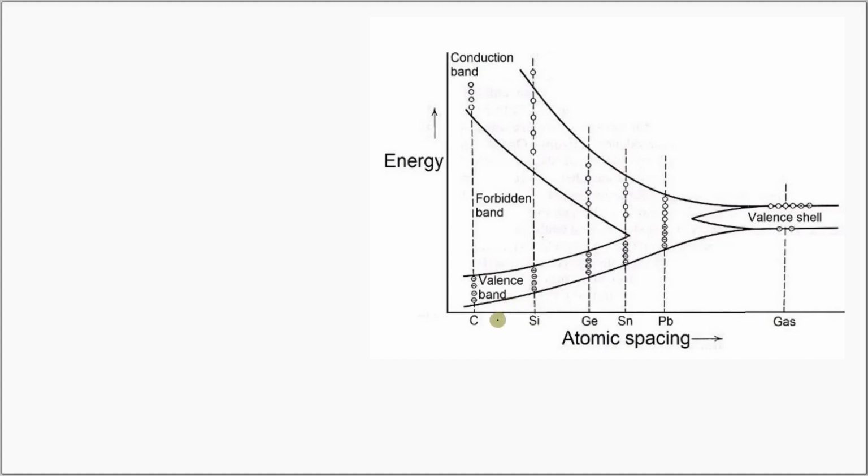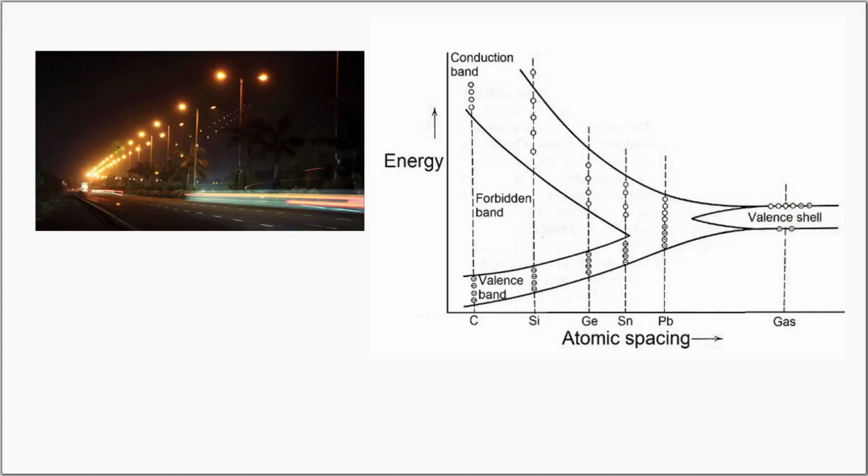Now here we have atomic spacing along the x direction and the energy along the y direction. If the atomic spacing is large, you have a gas where the electronic states are discrete in nature. For instance, you might have seen sodium vapor lamps on the streets. These sodium vapor lamps are made up of sodium vapor.